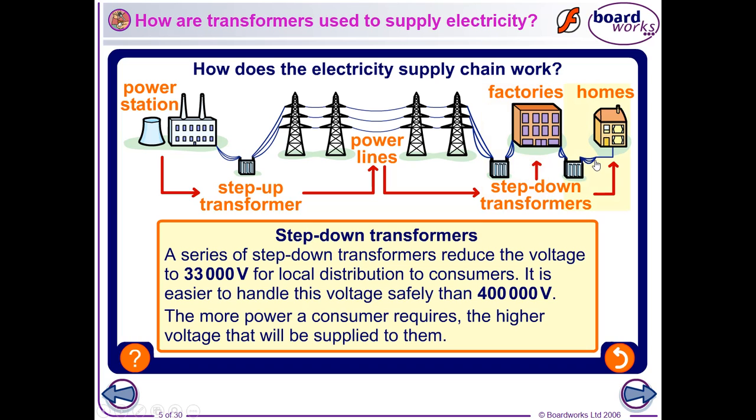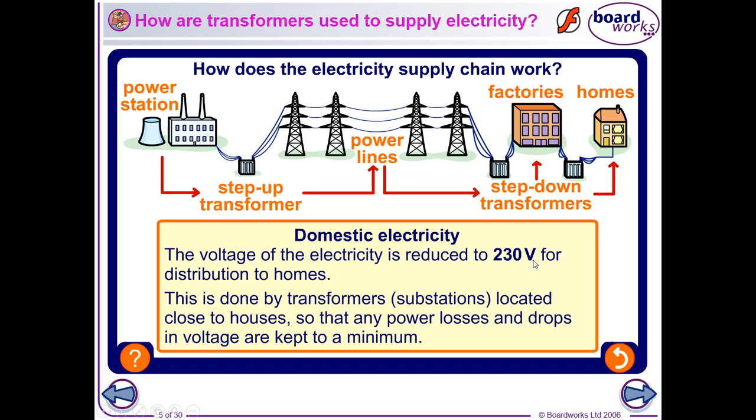And then to get into our houses, what we need to do for safety is drop down to about 230 volts, because if not, 20,000 volts will jump through the air. If we had 20,000 volts in the sockets in our houses, the electrical current would jump out half a metre through you down to the earth and electrocute you. 230 volts won't jump through the air, but it will go through if you touch a live wire.